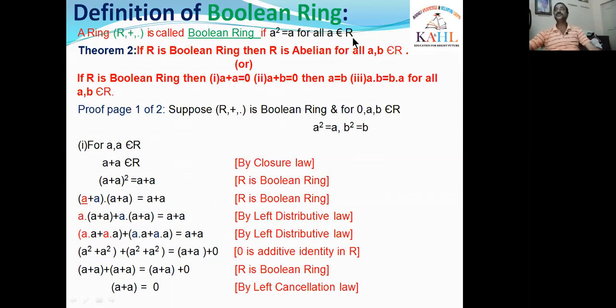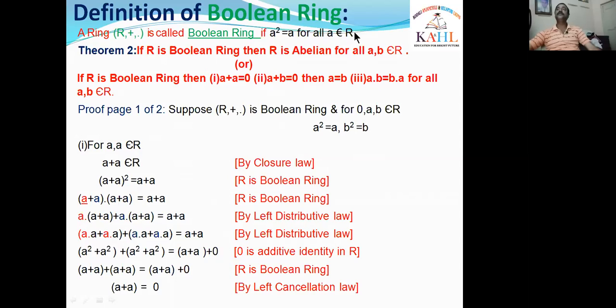If we take b belongs to R, then b² = b. If we take c belongs to R, then c² = c. Such elements a, b, c are called idempotent elements.